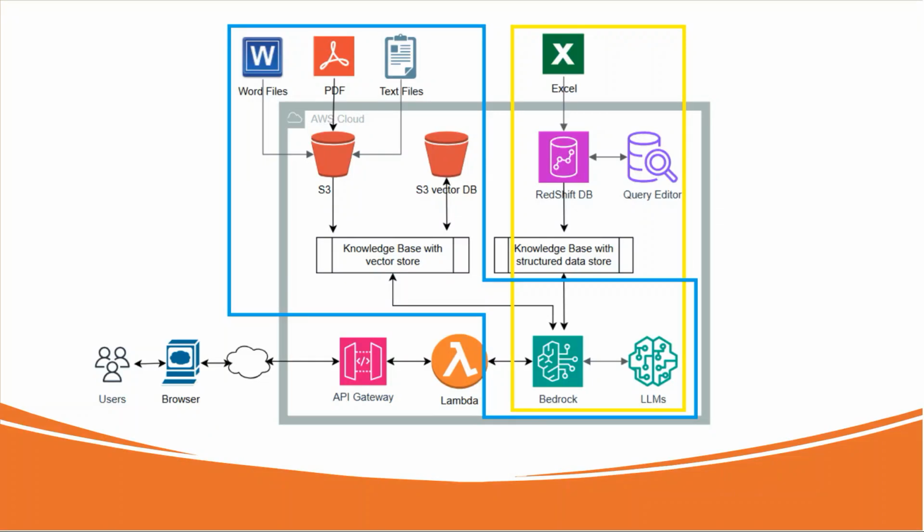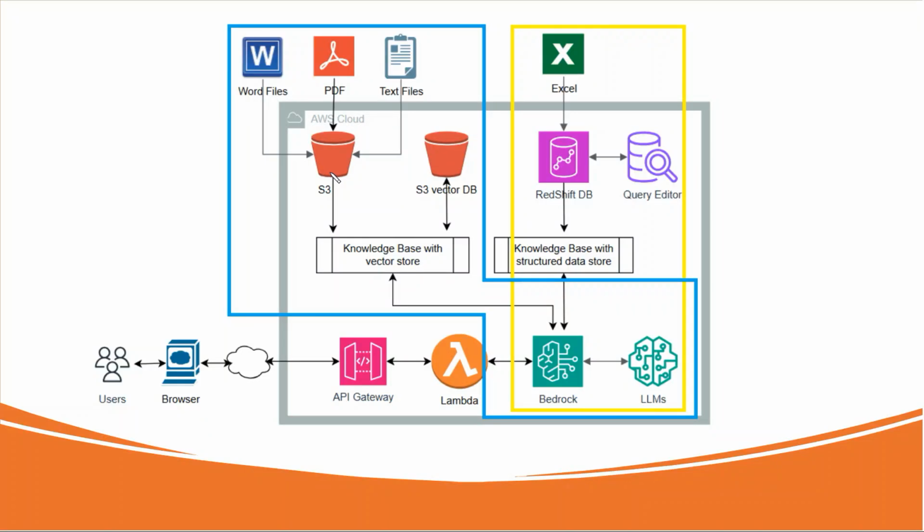Now there's one other important thing I want to tell you. The knowledge base with vector store, what you see in the blue box, has an option to take an Excel file as an input. Initially when I started this exercise, I was bringing the Excel into the blue box and trying to get an answer for my use case, and it didn't answer.